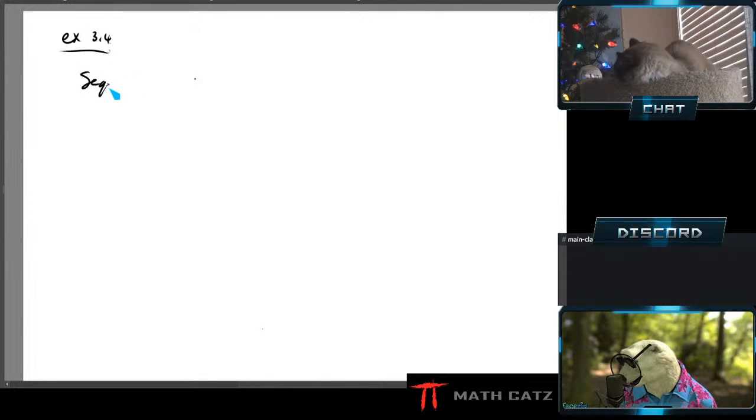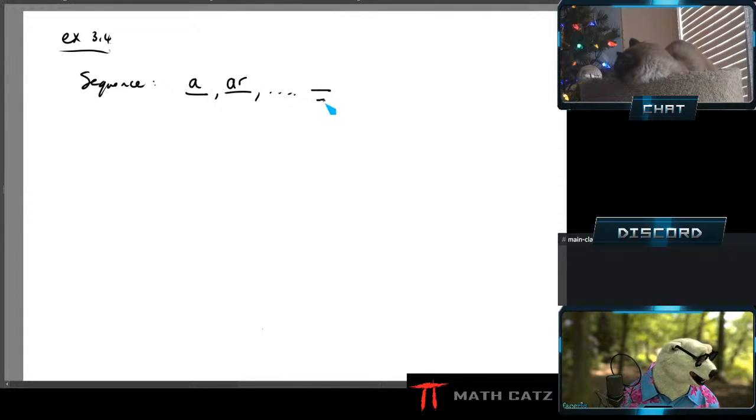So we have our sequence. We start with the first term. Don't know what it is. I'm going to call it A. And then our next one is going to be A times R. First term, ratio. Eventually, we're going to hit the 7th term, and it is 16,384. Remember, they get big very fast.